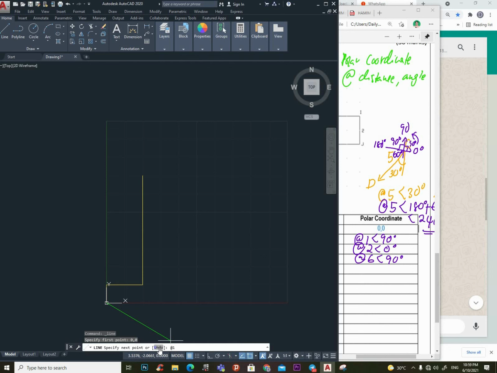It is compulsory to type in equal to 90. Next point will be @2, angle equal to 0. Next point, the distance is 6, angle will be 90 degrees, and so on. You can proceed until you complete the object.